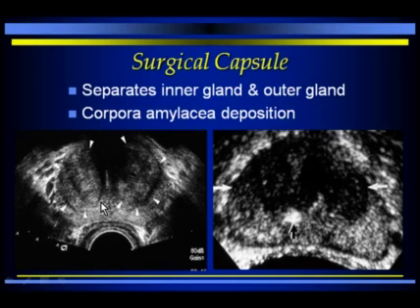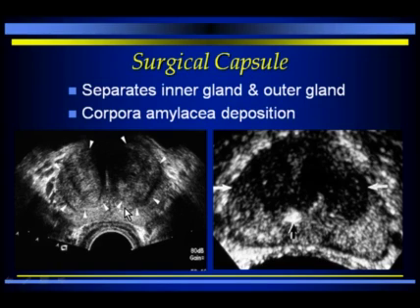On ultrasound, we can differentiate the inner gland from the outer gland. The distinction usually is that of a different echogenicity, the inner gland being more hypoechoic, the outer gland being more echogenic. Here again, inner gland being more hypoechoic, outer gland being more echogenic. The process of benign prostatic hyperplasia is almost exclusively in the inner gland, usually involves mostly transition zone. Remember, the inner gland was supposed to be 5% of the prostate volume, but look at this.